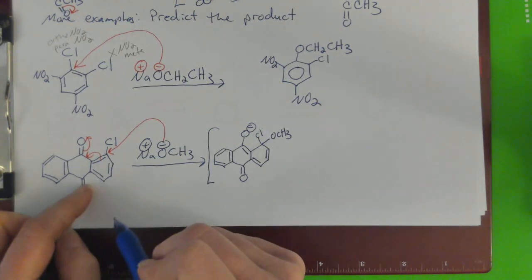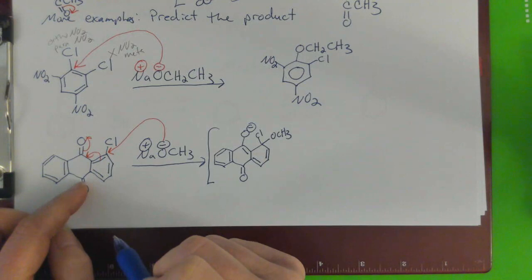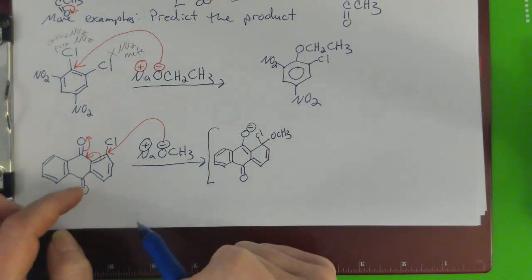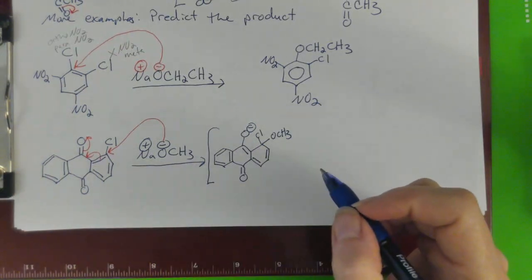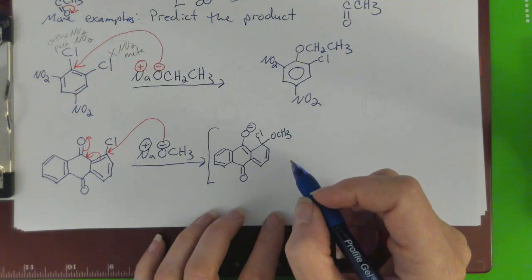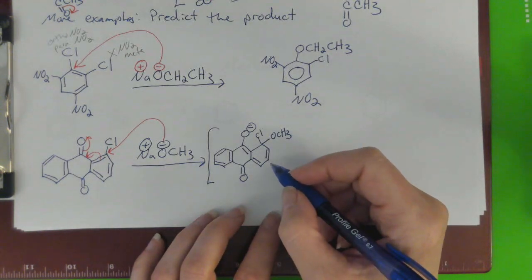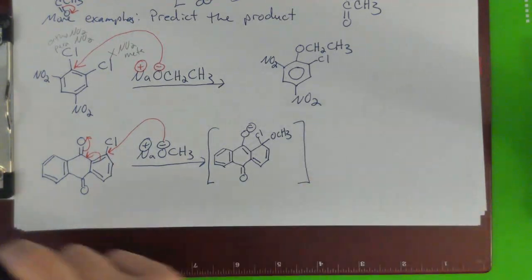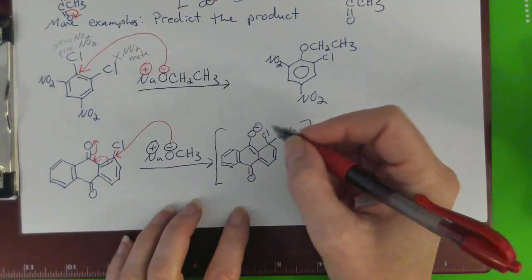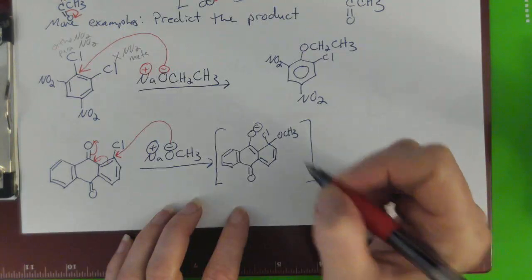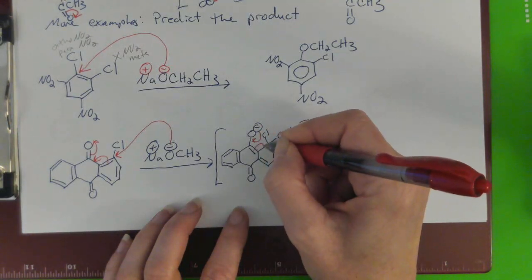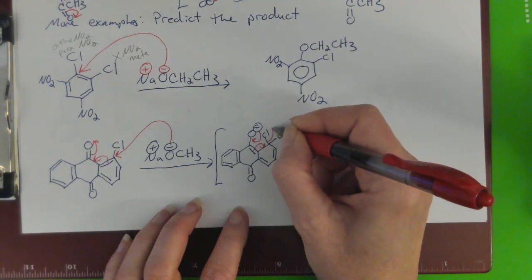It's just that we wouldn't expect it to serve normally. If we have an electron withdrawing group at the meta position, we don't think it's going to serve as an electron reservoir. Okay, so here is one of my resonance contributors, and I like to show this one because then I can get quickly to the product. So if I take this and bump it back down, and then I bump this back here, I'm going to lose that chloride.